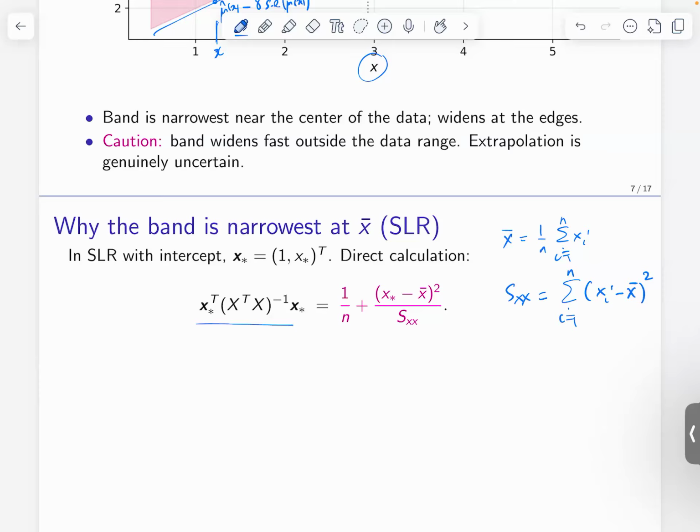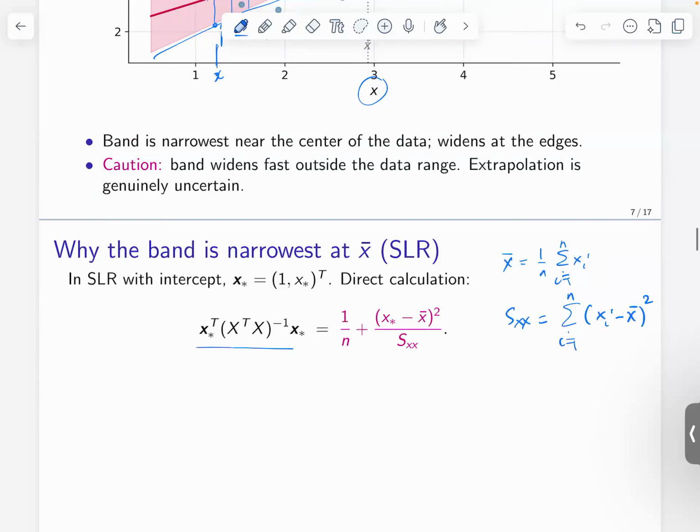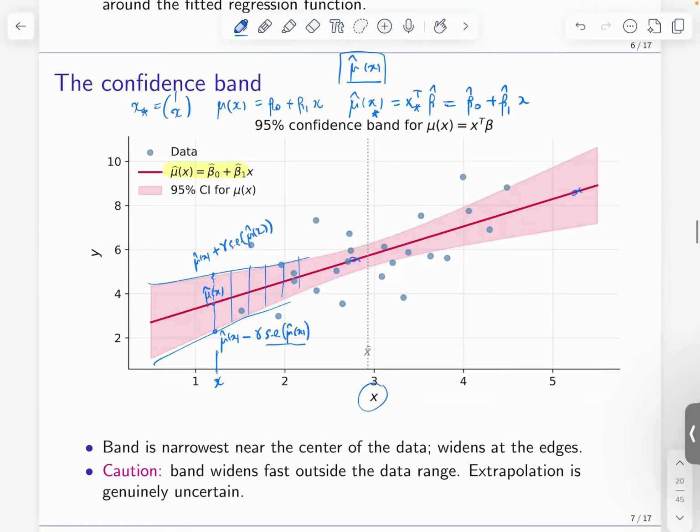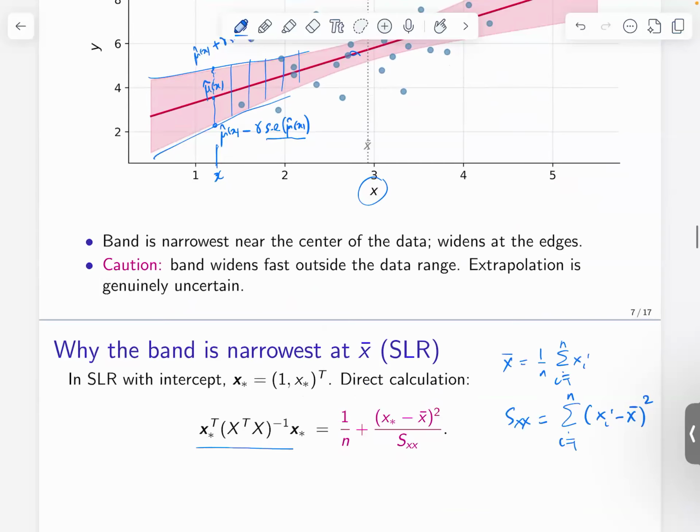So in terms of the total variance, the particular point that you're looking at, to be honest, this should have been x star. This is just a single x. There are notations around it, but that single x, the difference from x bar squared, divided by SSX. So if x star is exactly equal to x bar, that second term is 0, so you get the narrowest band. This is going to be 1/n.